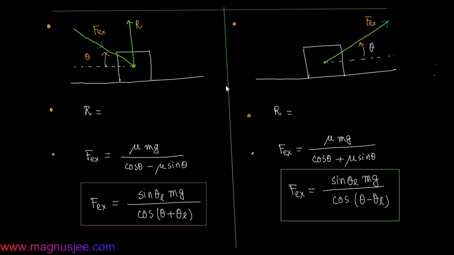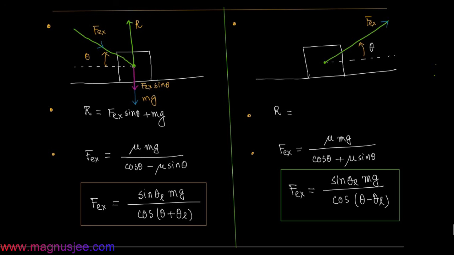Here R is the normal reaction force acting vertically upward, and mg is the weight of the body. Mg is the weight of the body, and in vertically downward direction, the rectangular component of pushing force, Fx sin theta, is also acting. Here R is equal to Fx sin theta plus mg, but on the right hand side we can denote the weight mg which is acting vertically downwards.